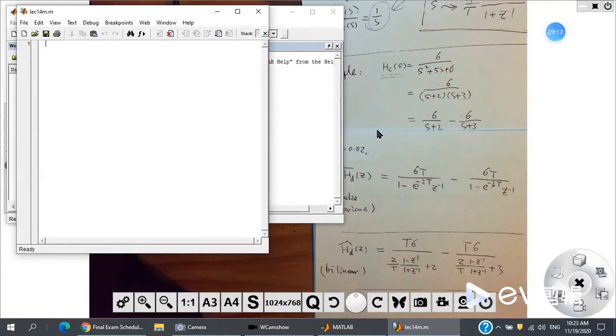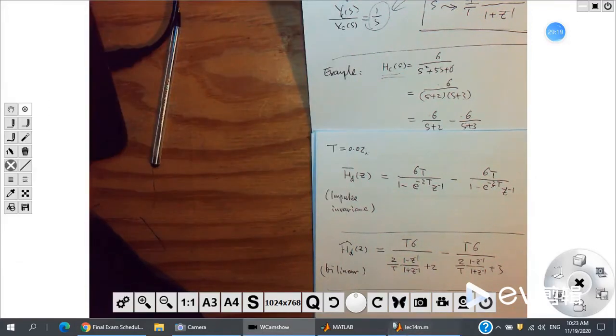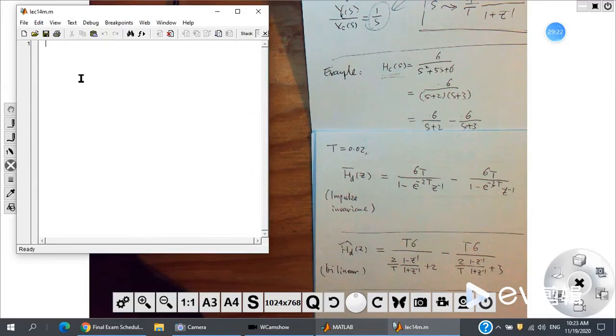Then I have this one. I can see both. So firstly, we have HC. To define a filter in MATLAB, you need a numerator and denominator of the transfer function, for both continuous or discrete time system. So here I have the numerator for the continuous one, numerator C is just 6.